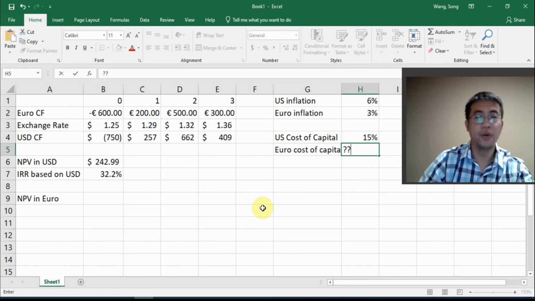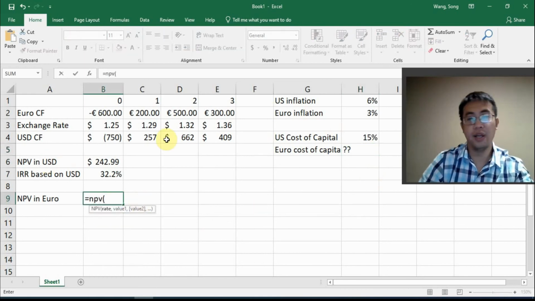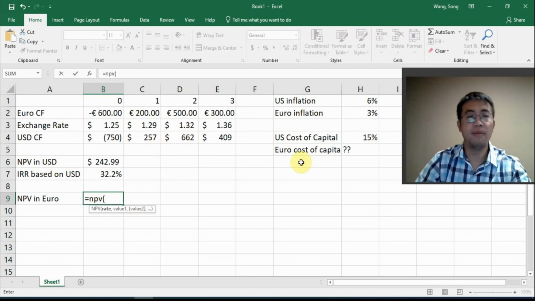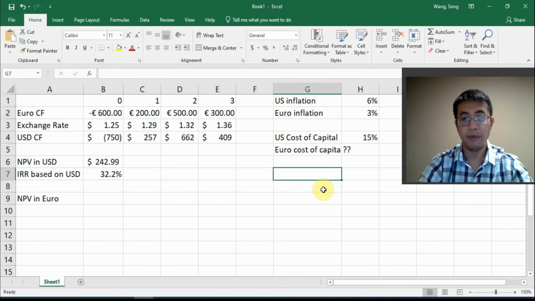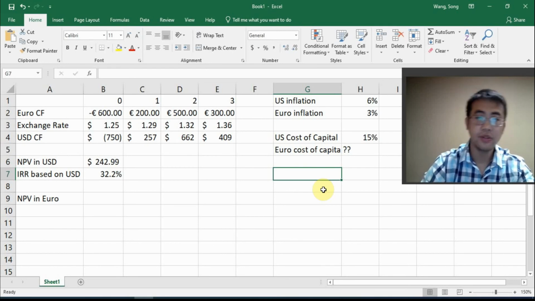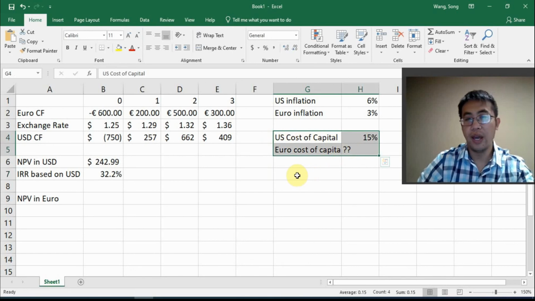In order to get the NPV, the first thing to put there is a rate. It really does not matter, since in the previous chapter, chapter 11, we learned about the nominal term and the real term for cash flows and for cost of capital. So the cost of capital here is nominal, and you can get the real cost of capital.